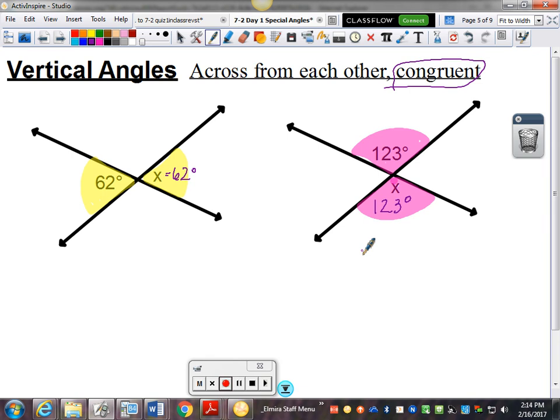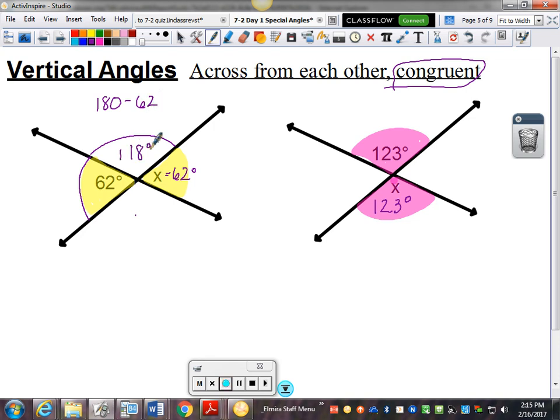Now, as a matter of interest, we can actually figure out these other two angles that are not labeled. If I knew one, the other one would be exactly the same. And if I arc this one and I arc this one, that makes my half circle. So if I wanted to know this top angle, I could just say 180 minus 62 is 118.